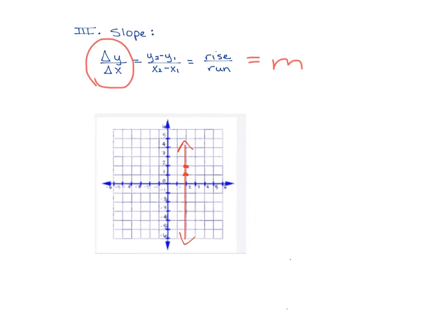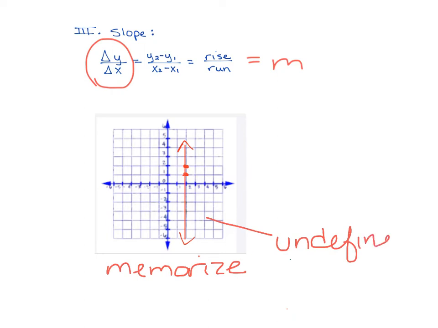I highly recommend that you memorize that when you see a vertical line, you should automatically know that this has an undefined slope. So when it's vertical, it's undefined. But I'm going to do the math here to show you what happens.